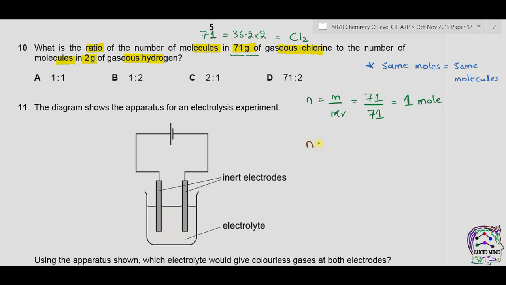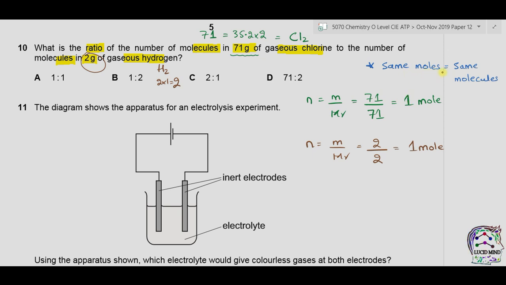Similarly, for hydrogen, we can find the number of moles as mass divided by molecular mass. Mass is given as 2 grams. Molecular mass of hydrogen, as the formula is H2, is 2 into 1 equals 2. So it is 1 mole.